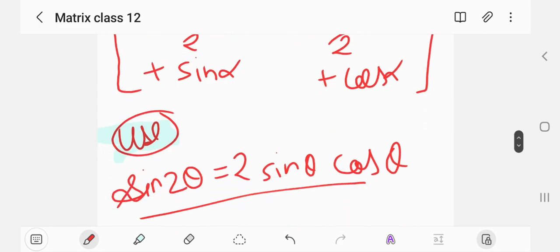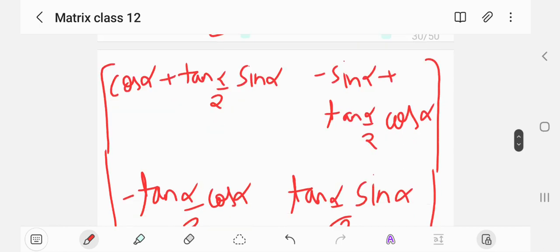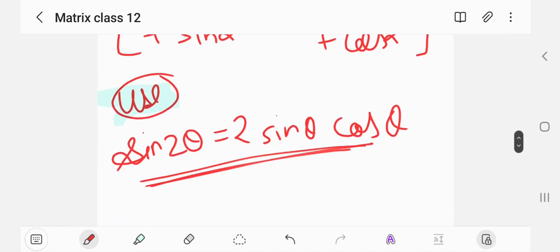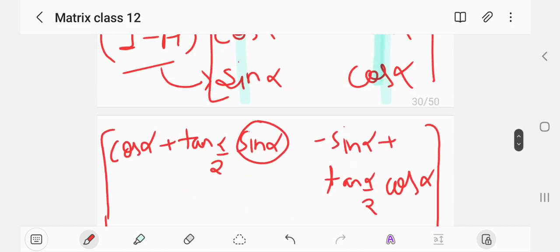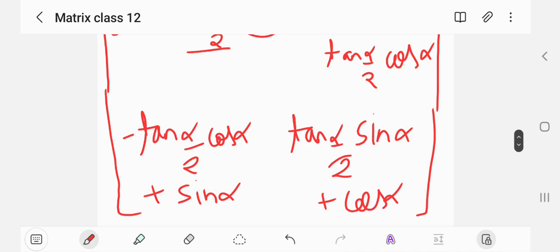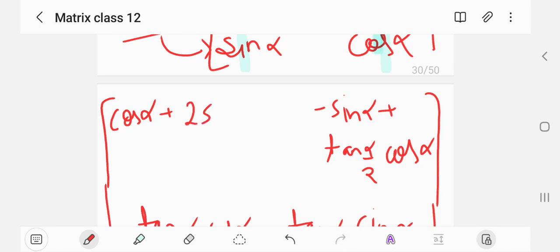When I use this formula, what will I get? Sin alpha will be replaced by 2 sin alpha by 2 into cos alpha by 2. And this tan can also be replaced by sin alpha by 2 over cos alpha by 2. As a result, what will I get here? I will get 2 sin square alpha by 2, right?